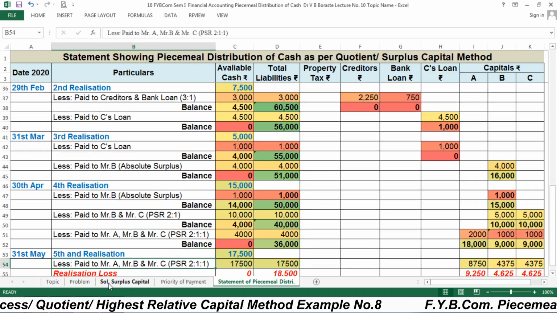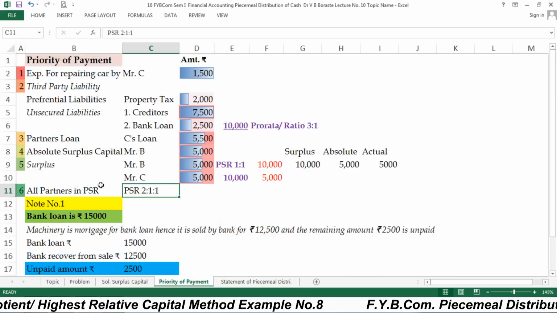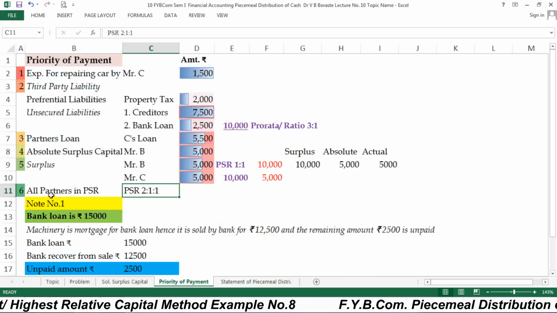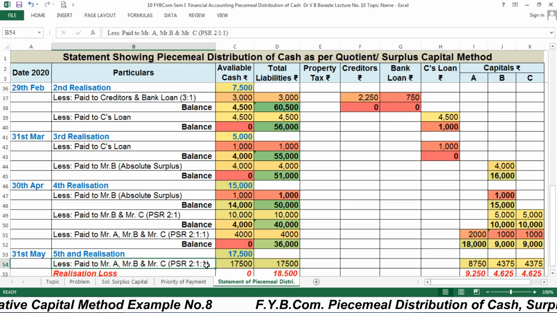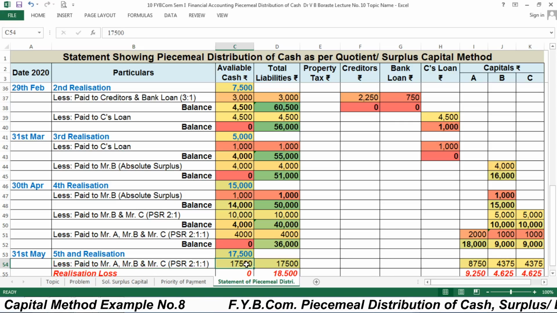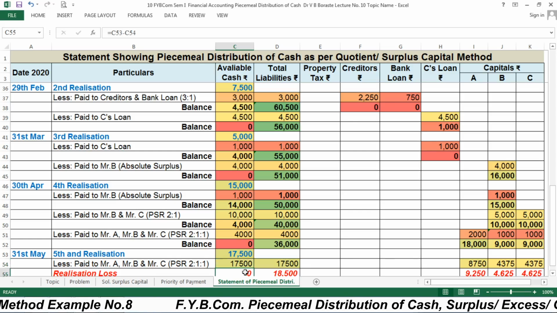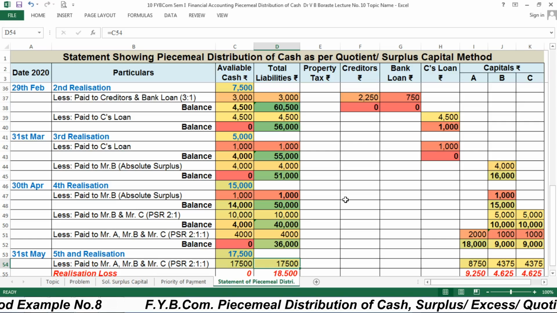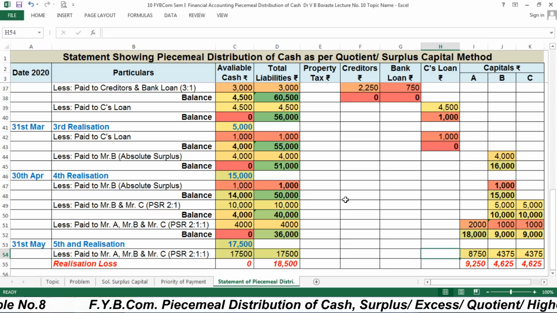As I earlier mentioned, all the payments are made, that means all liabilities are finished and we have to pay only to the partners, that is in their profit sharing ratio. So less paid to A, B and C in the ratio of 2:1:1. So total cash will be reduced by 17,500. Again cash balance will be nil. Total liability will be reduced by 17,500 and Mr. A will receive 2 shares.